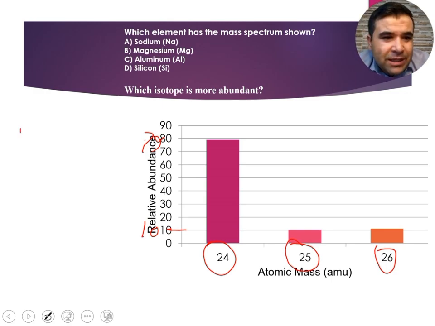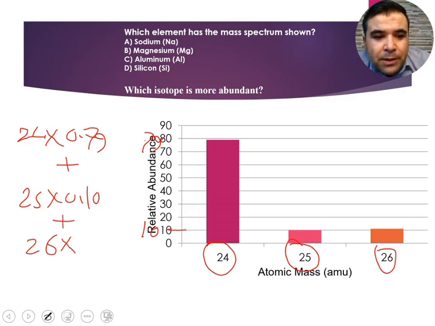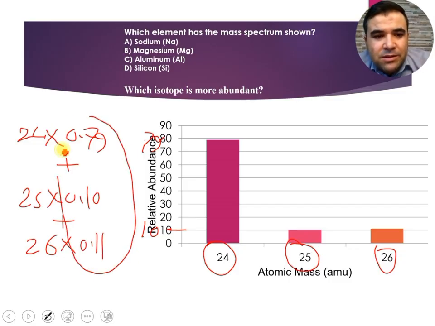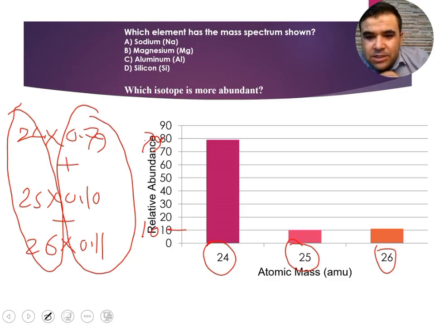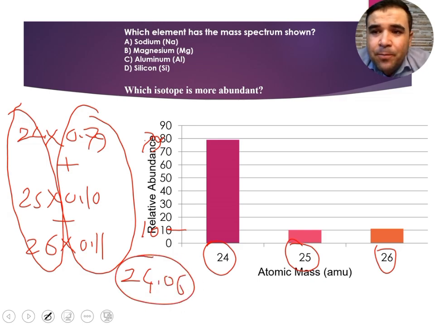So we can say 24 multiplied by 0.79, plus 25 multiplied by 0.10, plus 26 multiplied by 0.11. These are the abundances and these are the masses of those isotopes as given. When we calculate this, we'll get a number like 24.06, something like that.